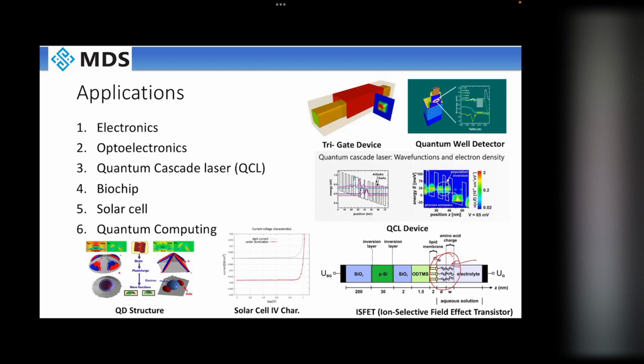That kind of simulation is also possible using the Nextnano software. Solar cells, as we have discussed, and quantum dots. Most people working on quantum dots and quantum computing are using the Nextnano software. The QCL part is also important; if someone is interested, they can explore the quantum cascade laser as well.